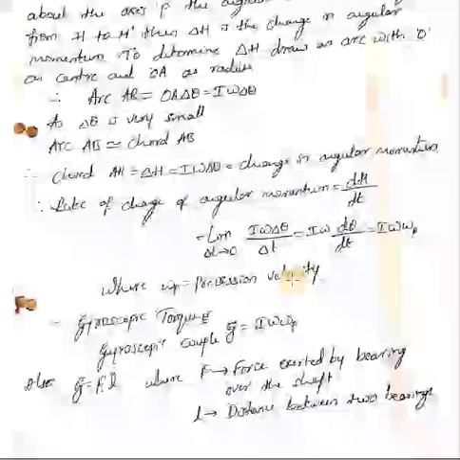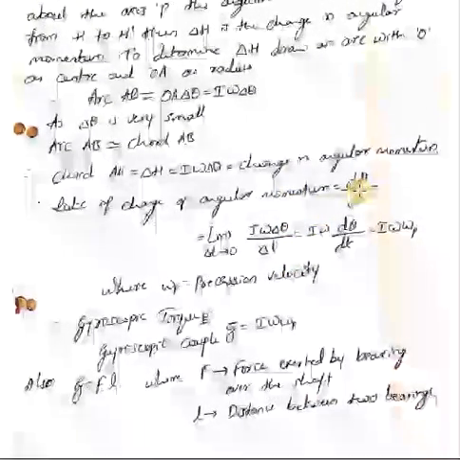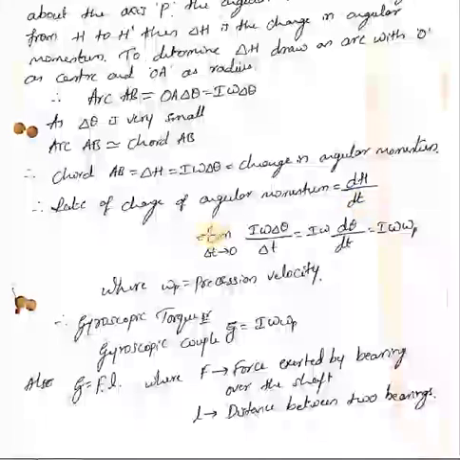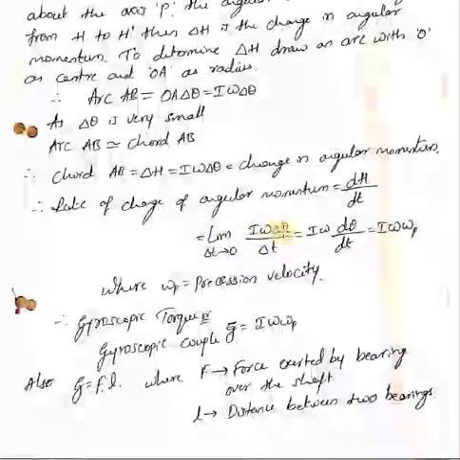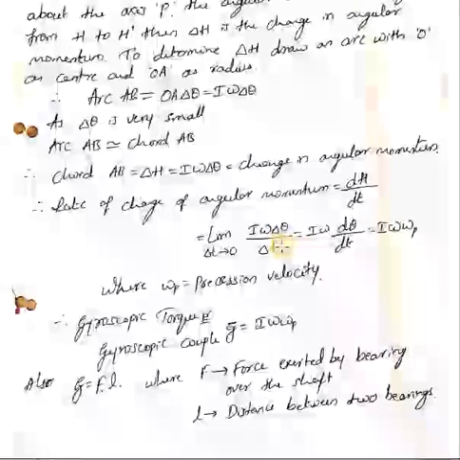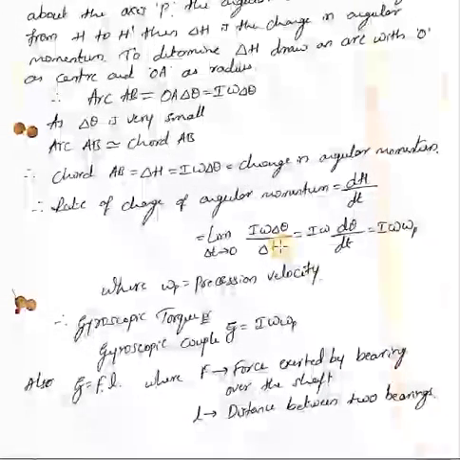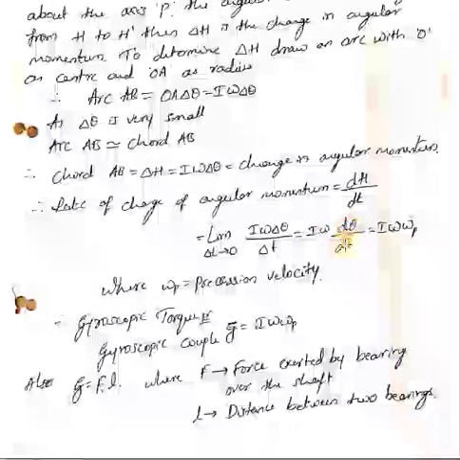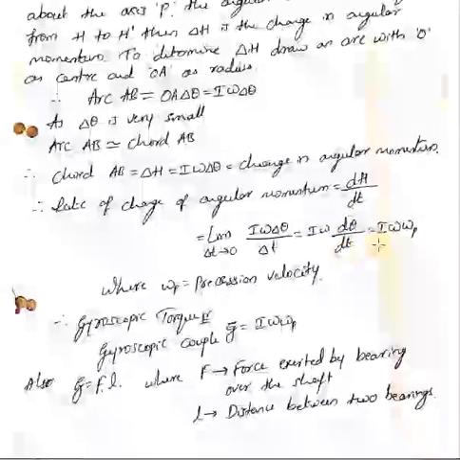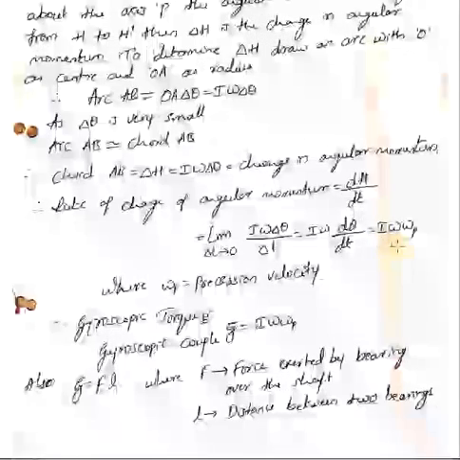Therefore, the rate of change of angular momentum, that is dH by dt, is given by the limit as delta t tends to 0 of I into omega into delta theta divided by delta t. When you apply the limit, it gives I into omega into d theta by dt, which is equal to I into omega p.